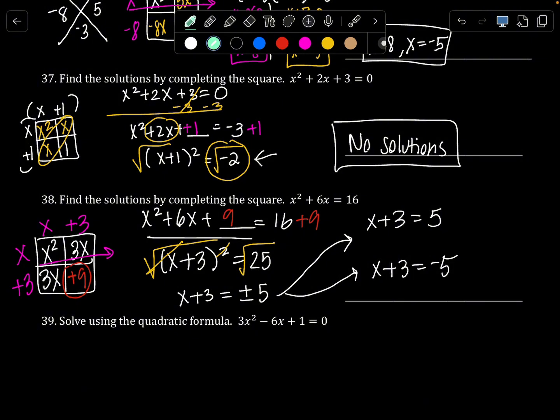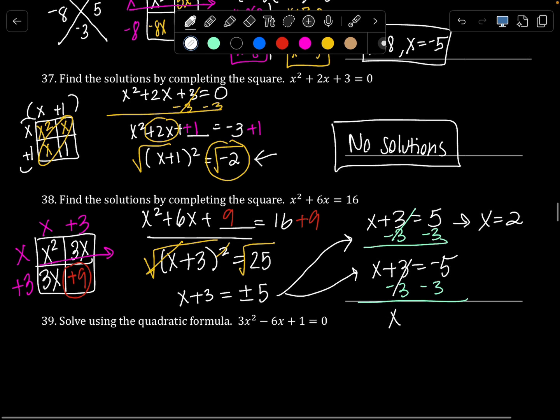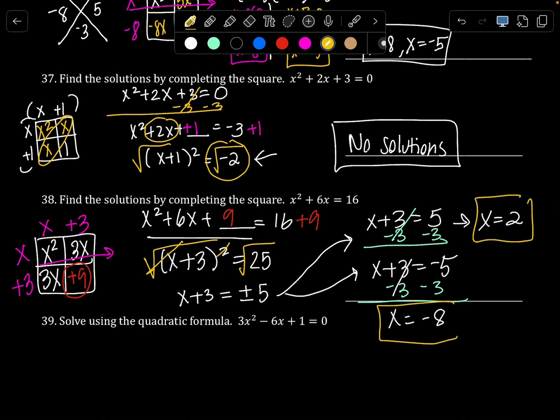So I'm going to subtract 3 from both sides and you get x equals 2. Subtract 3 from both sides over here as well, and you get x equals negative 8. So you box in your answers, and you say, hey, we have two x-intercepts, x equals negative 8 and x equals 2.